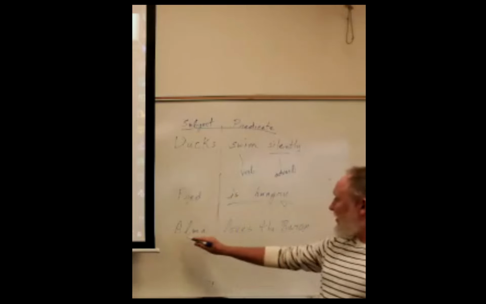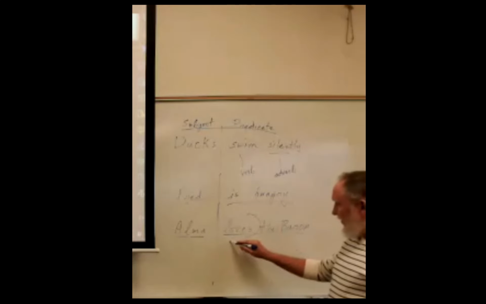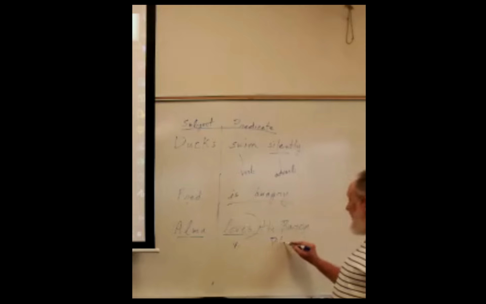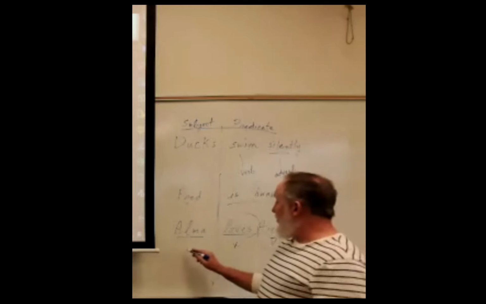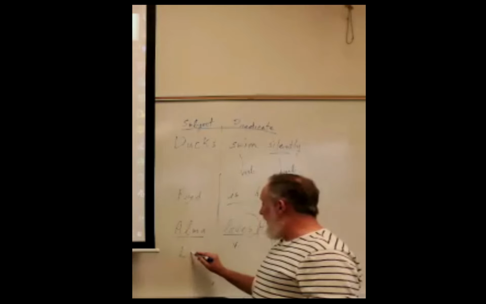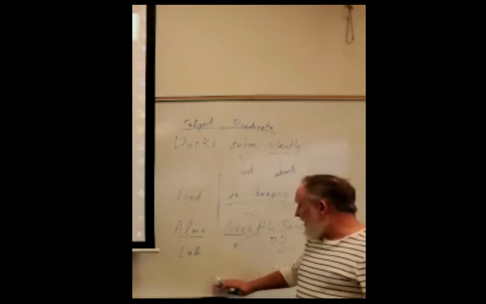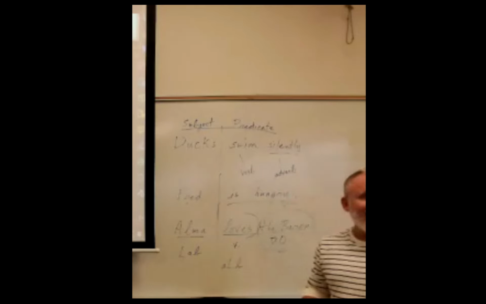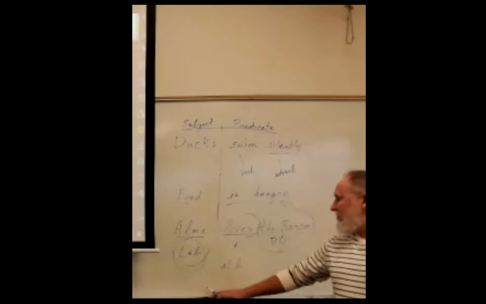So we still have subject and predicate. This is the verb. And this is the direct object. And so in Jeffrey's notation, we have L a b, Alma loves the Baron. But there are texts where they would do something like this, Alma loves the Baron. But this is more conventional.